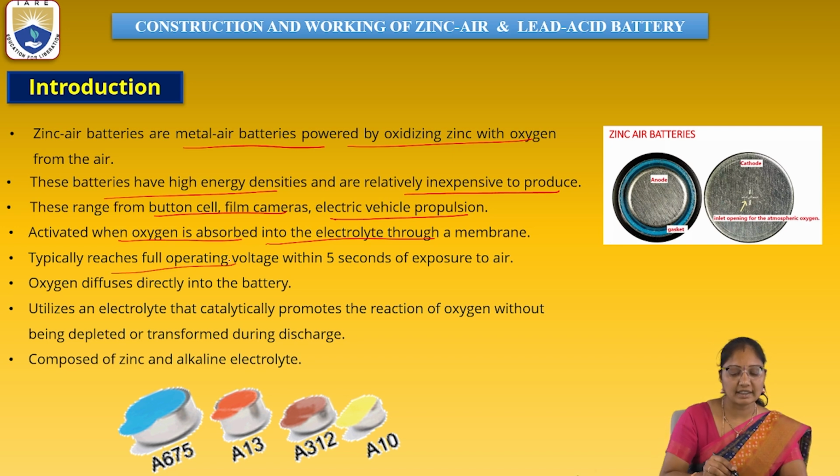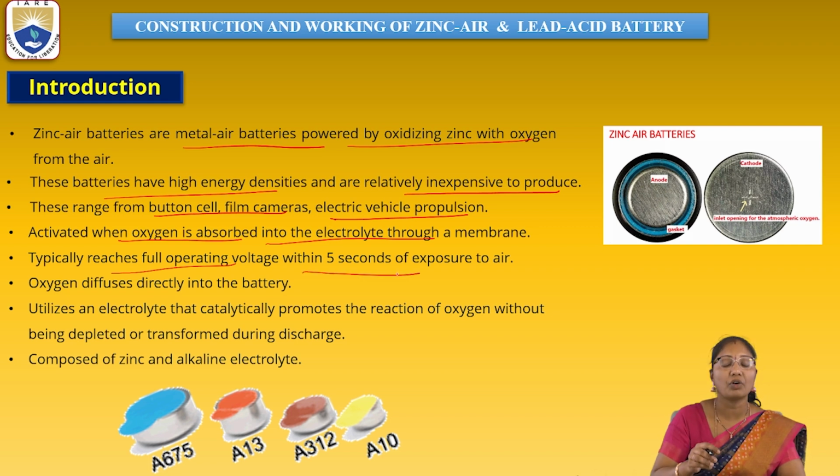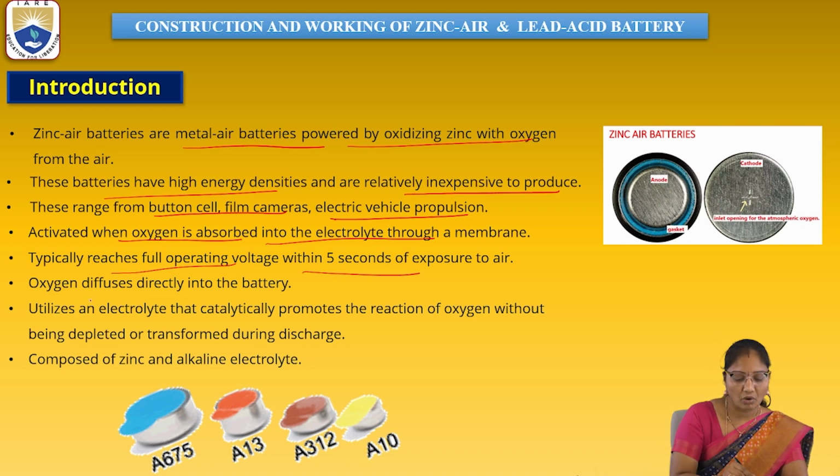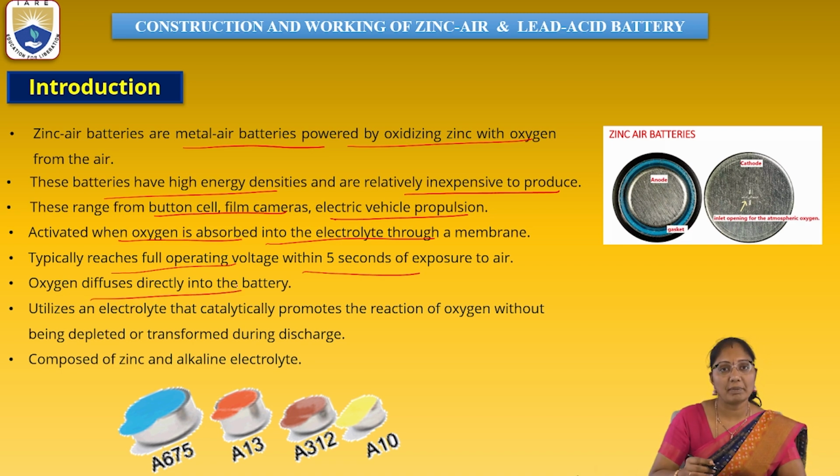Typically it reaches full operating voltage within 5 seconds of exposure to air, because the oxygen present in the air diffuses through the membrane into the electrolyte of the battery and starts activating it. So oxygen diffuses directly into the battery.